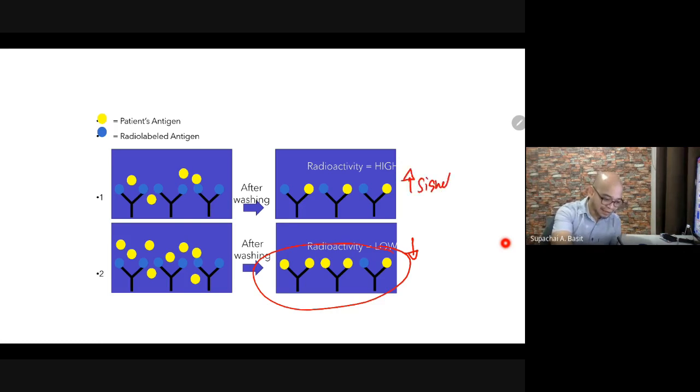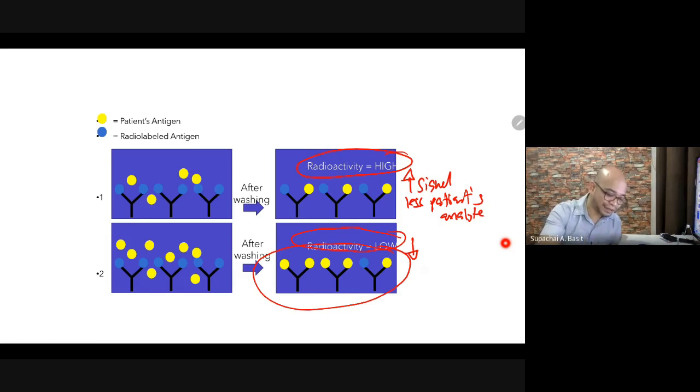Pag sinabi nating high signal, the radioactivity is high. Pag sinabi nating low signal, the radioactivity is low, which is detected at the gamma counter. So high signal means what? Less patient's analyte or antigen.